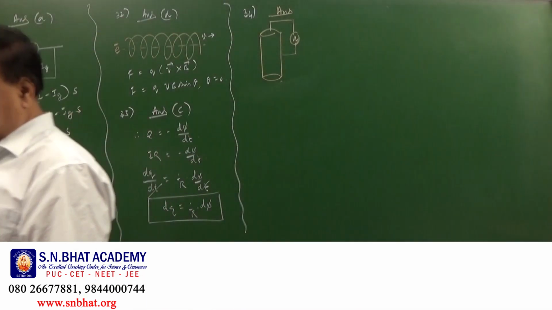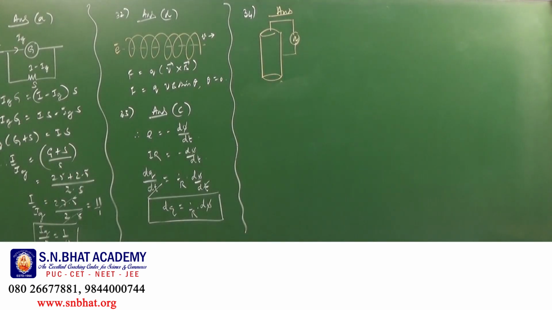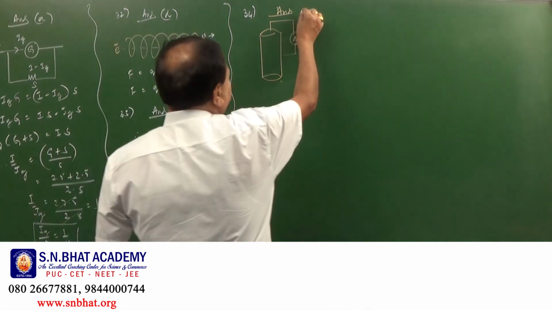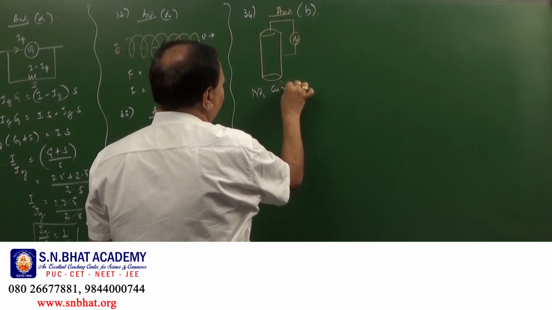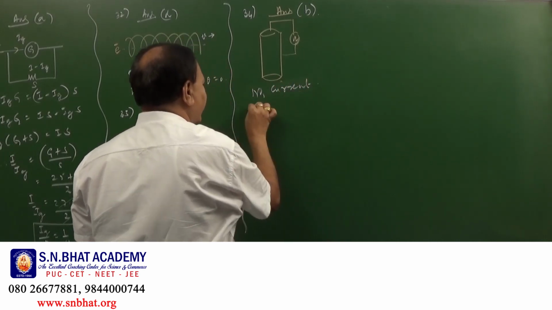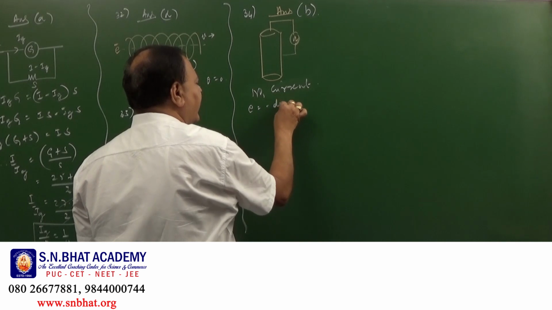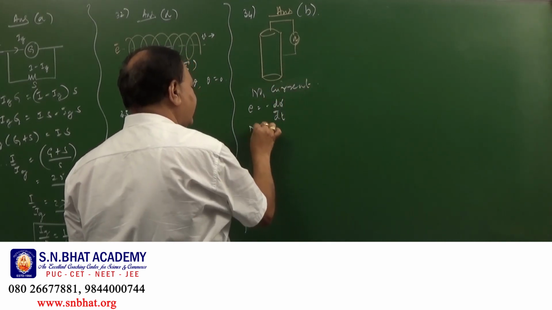Here you are rotating the magnet alone. No current flows through the ammeter A. The answer is B. Why does no current flow? Because according to Faraday's law, there should be a rate of change of magnetic flux, and here there is no change in the flux.